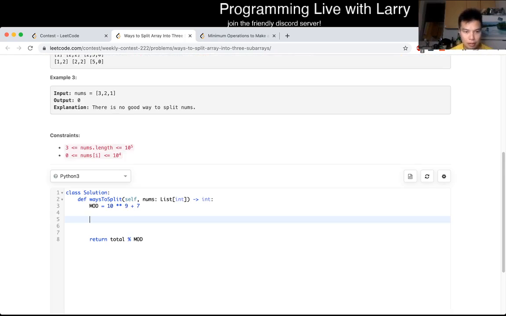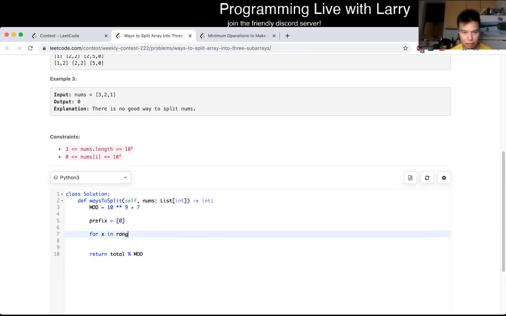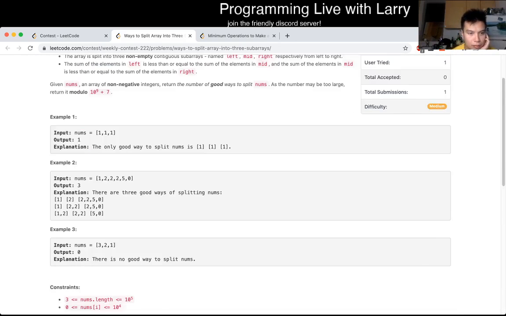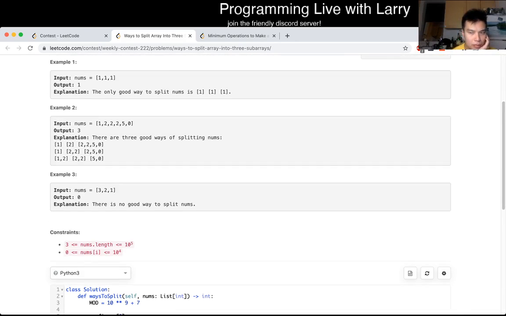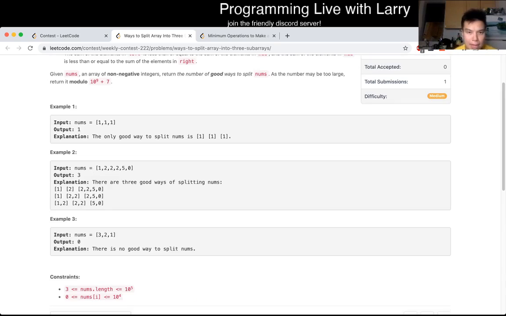It's kind of a tricky problem, but this is a messy one.